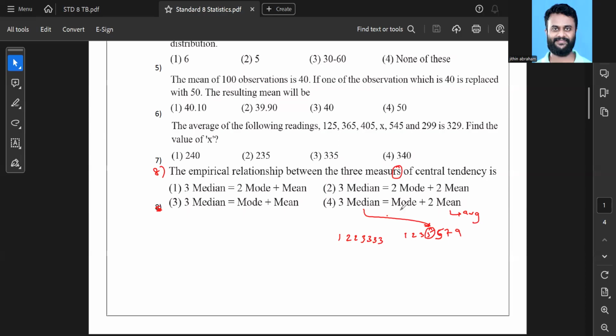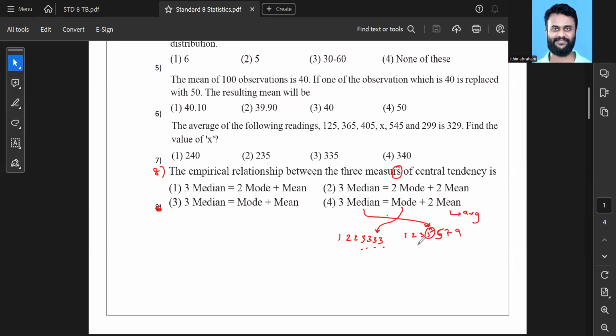Like this, you have a sequence. In that case, 3 is the number which is repeated the most. Hence, we say 3 is going to be the mode. So, mode is basically the number which is repeated the most number of times or which has more frequency. Median is the number which comes in the middle when we arrange in a sequence. And mean is basically average.